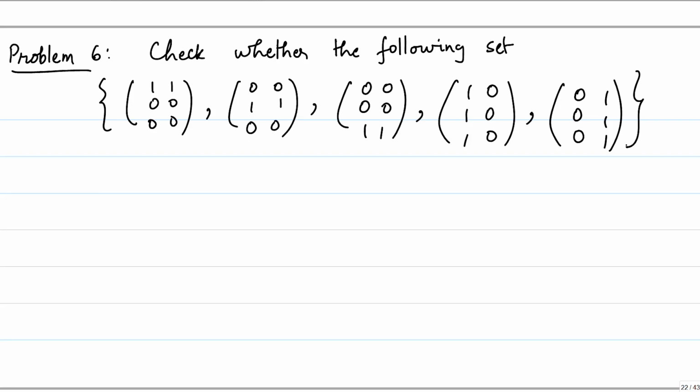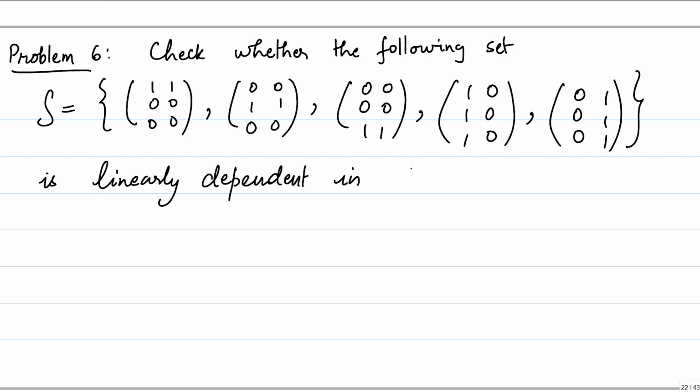Check whether this set S is linearly dependent in the vector space of all 3 cross 2 matrices over R.